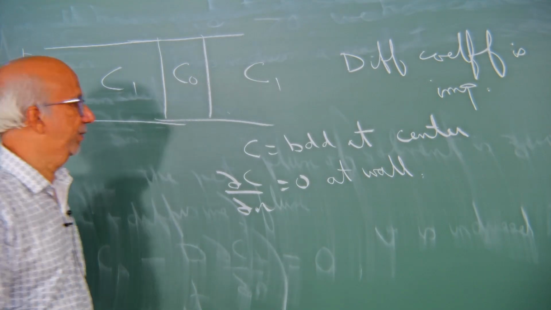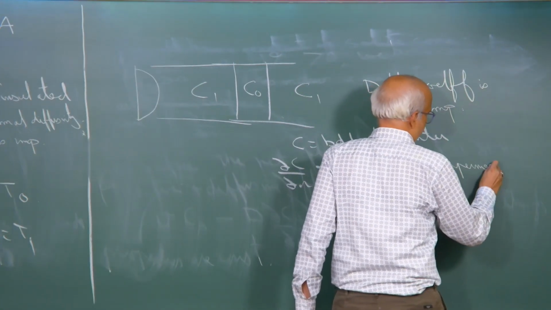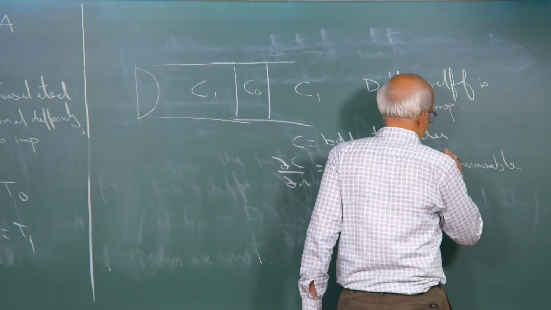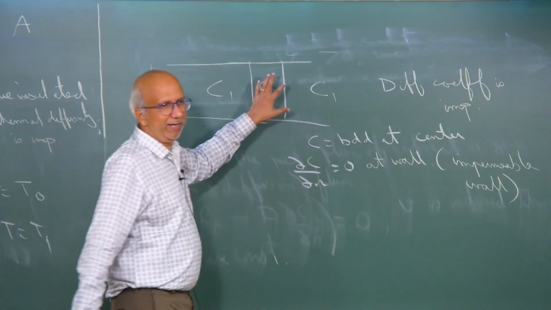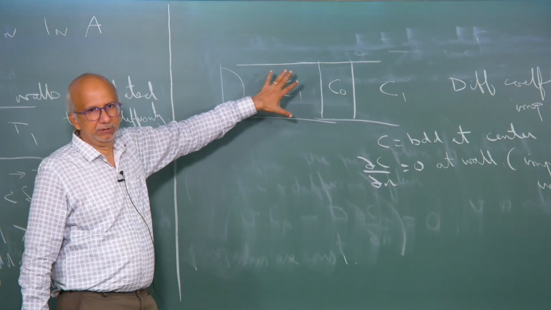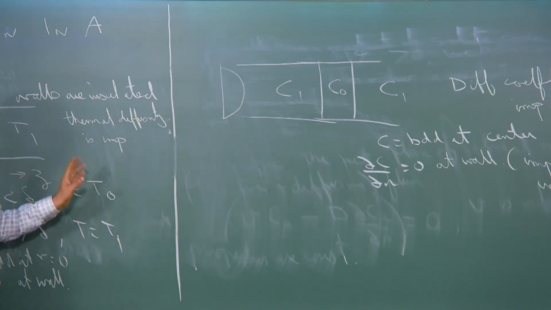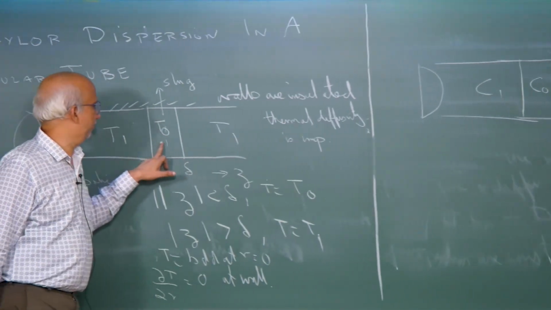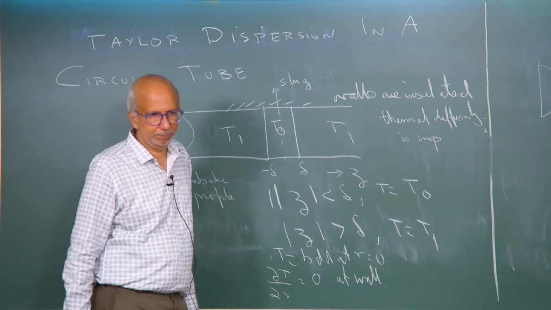So, because of the impermeability condition at the wall, you see the analog, and I can make it dimensionless by defining C minus C naught divided by C naught minus C1, I can do all that. So, in dimensionless form, this will be 1, this will be 0. I can choose things appropriately. Okay.